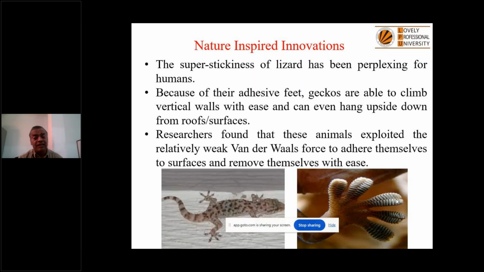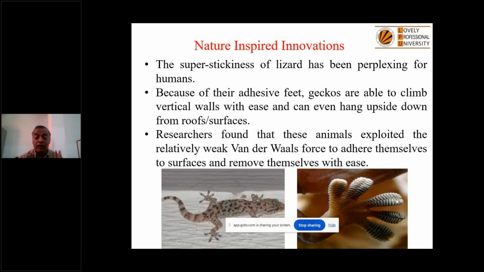And whenever they want to move from this rest position, they use their muscles to remove that gap-filled vacuum, and then they can release from the surface, and they can start moving.